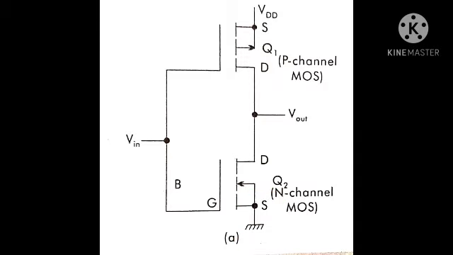To understand the operation of this circuit, let us assume that the threshold voltage of the first transistor is VTP and the threshold voltage of the second transistor, Q2, is VTN.